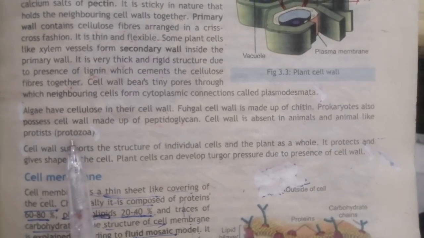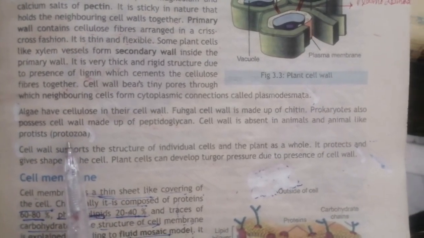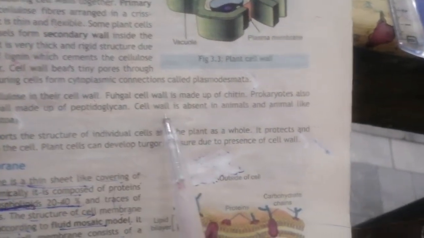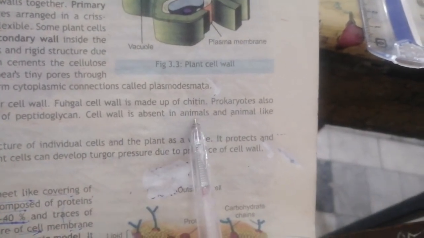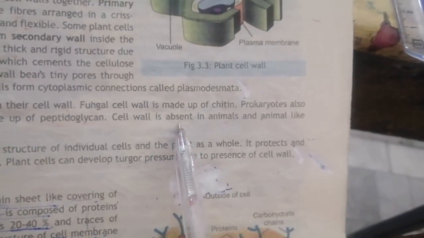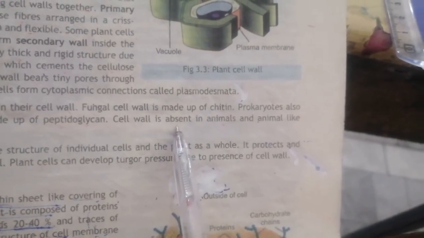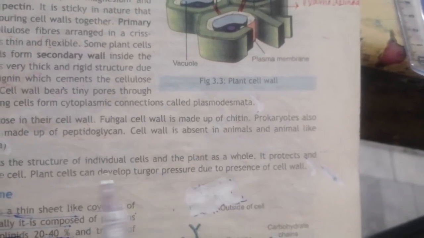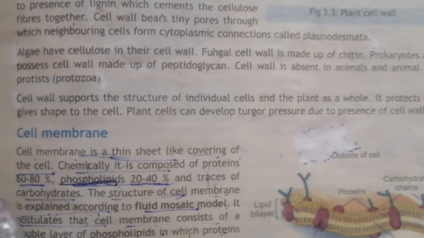You can call them unicellular organisms resembling animal cells. In these organisms, the cell wall is completely absent. They do not have a cell wall as an outer covering. Rather, they have a cell membrane as their outer boundary.